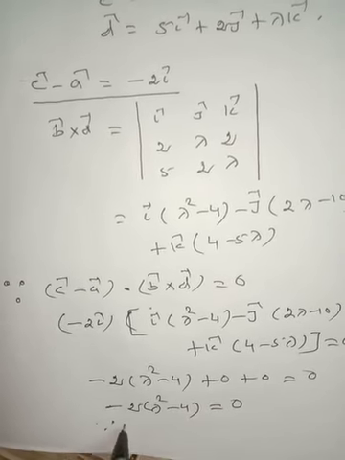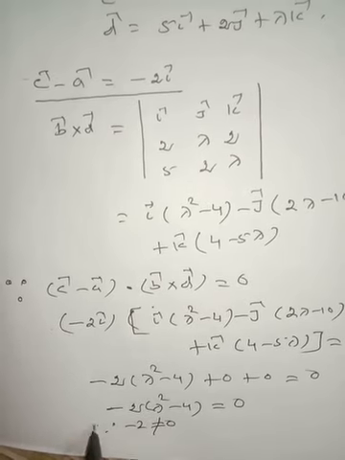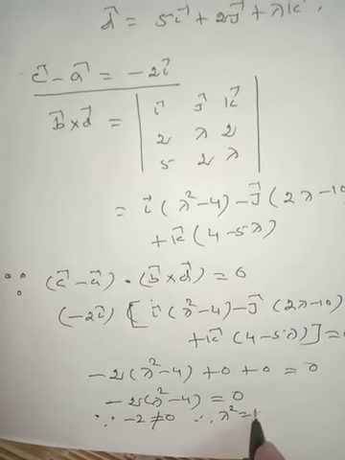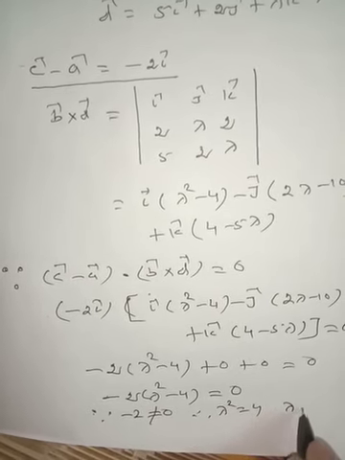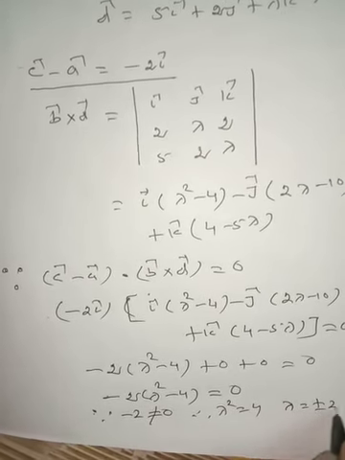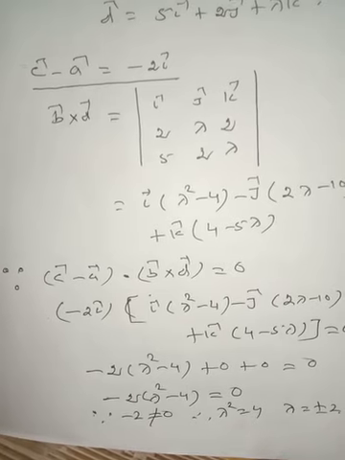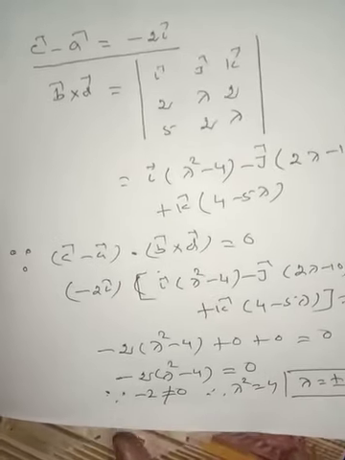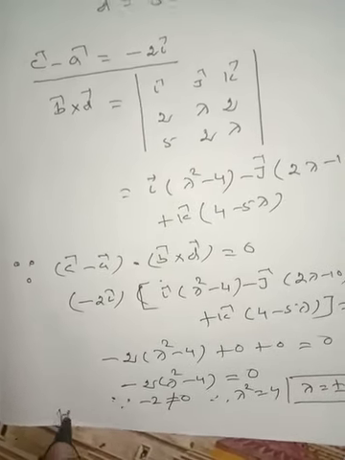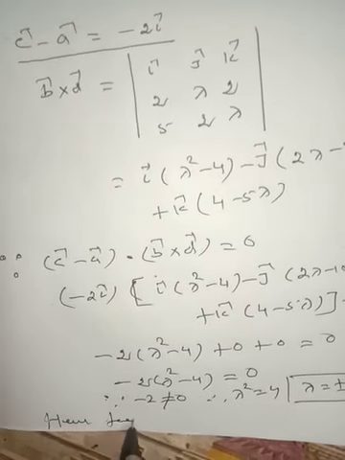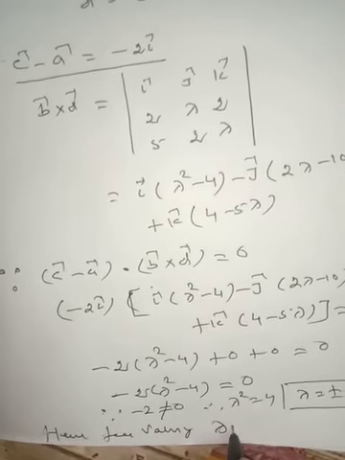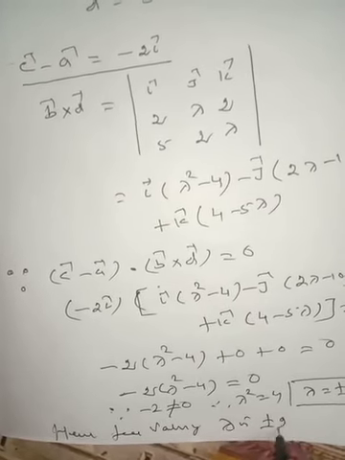Since minus 2 is not equal to 0, therefore lambda square is equal to 4, lambda is equal to plus or minus 2. Hence the value of lambda is plus or minus 2.